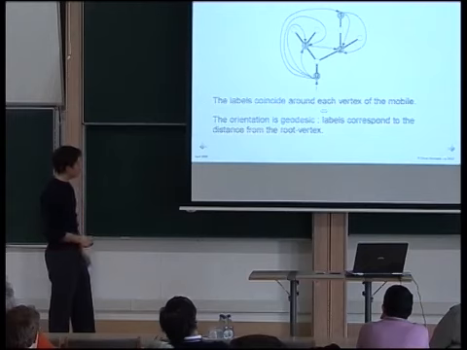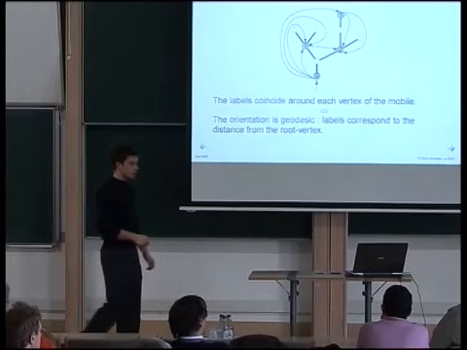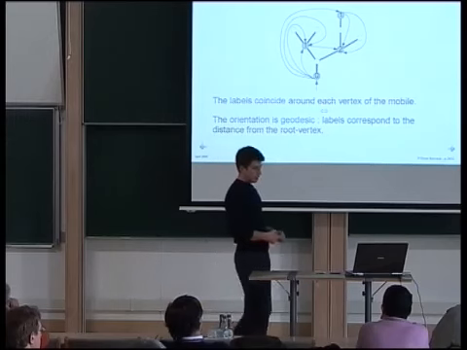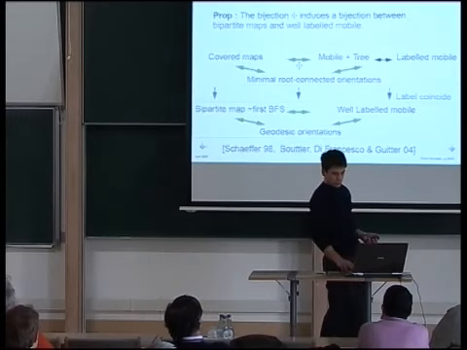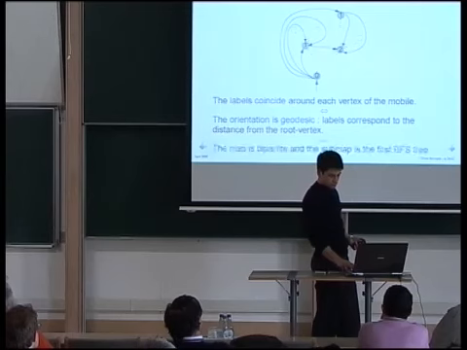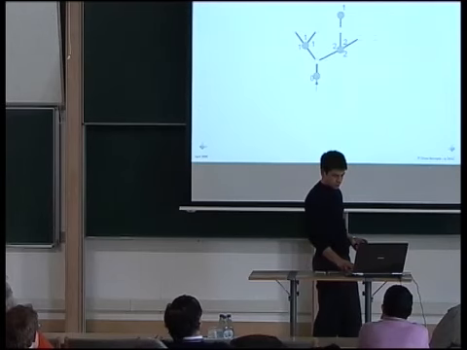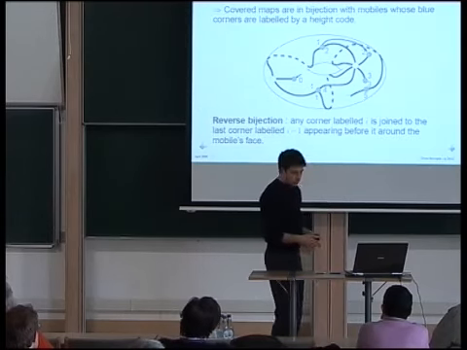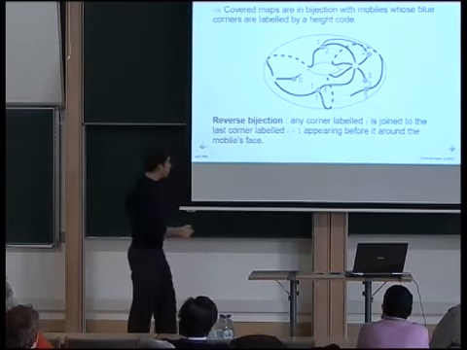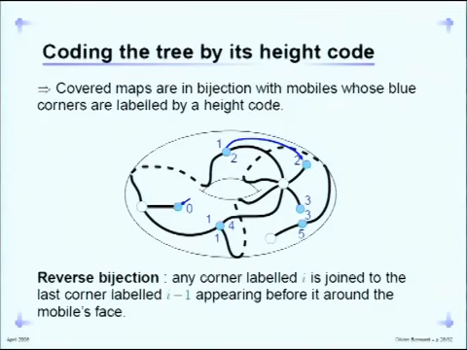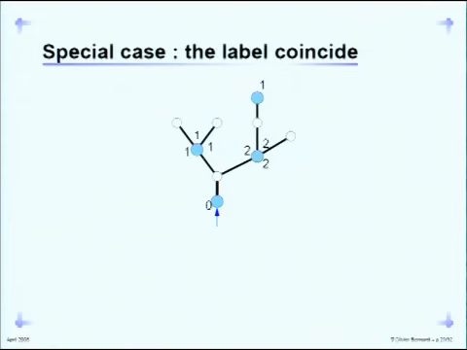What do you mean the labels coincide? I mean that, so remember that here I'm labeling corners and not vertices. Okay, sorry. So what I call coincide is that all the corners of the vertex have the same label, like this.